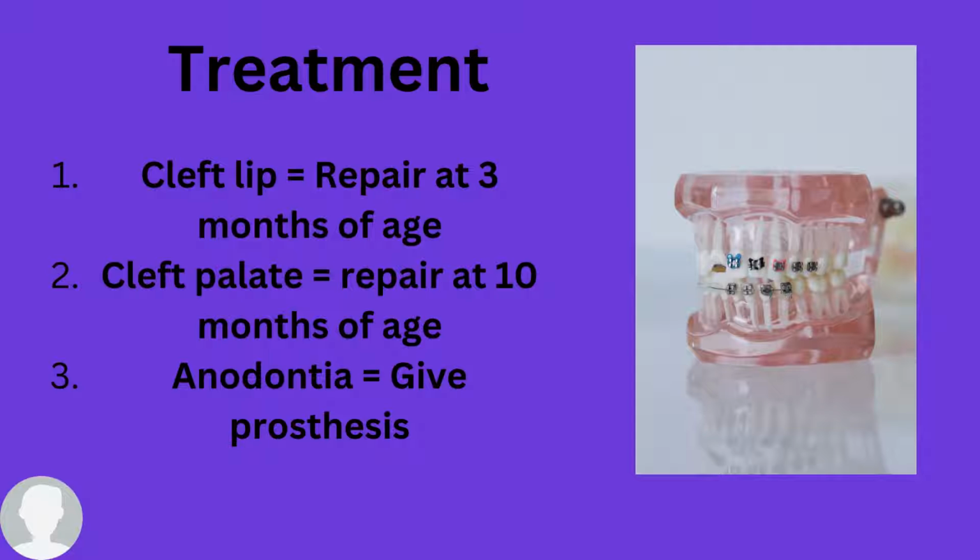We need to do an immediate repair for the cleft lip and palate, because the patient cannot eat. Whenever he eats, the food goes into his nose because there is a cleft there. So we need to do an immediate repair for such clefts.